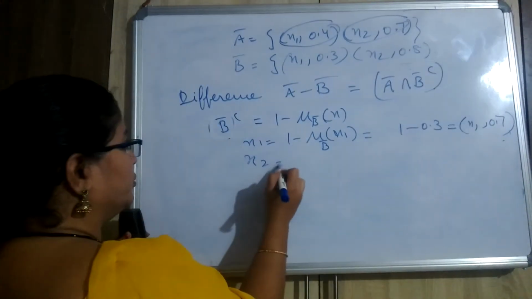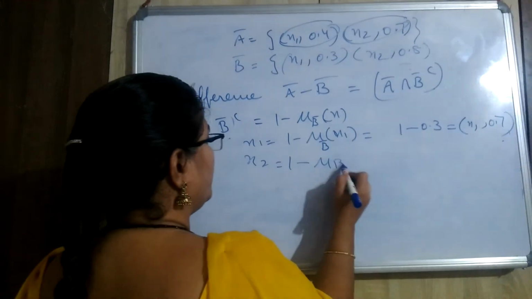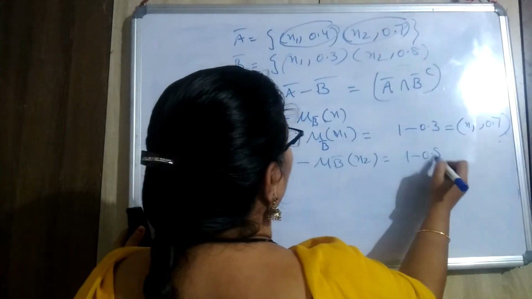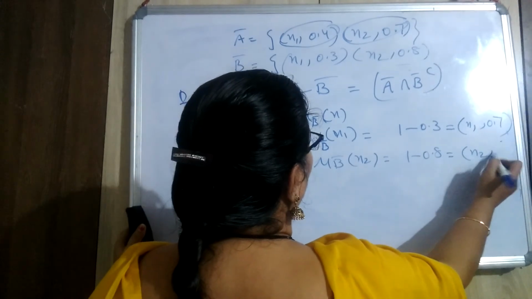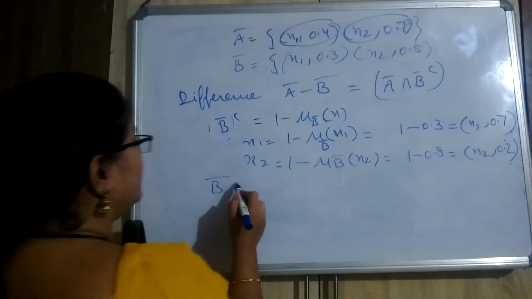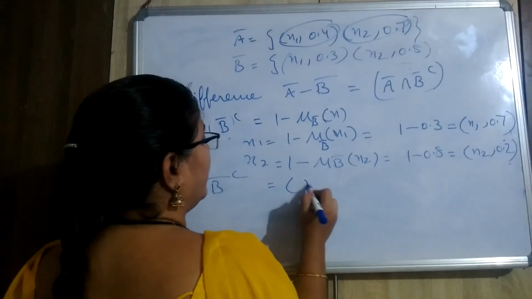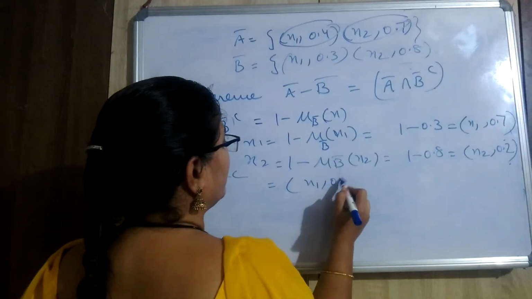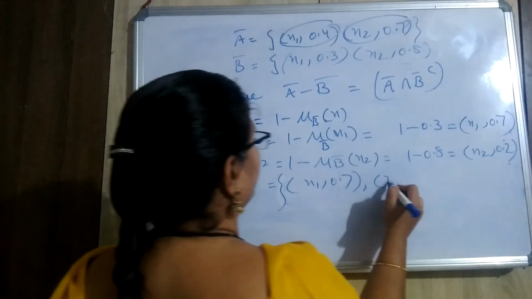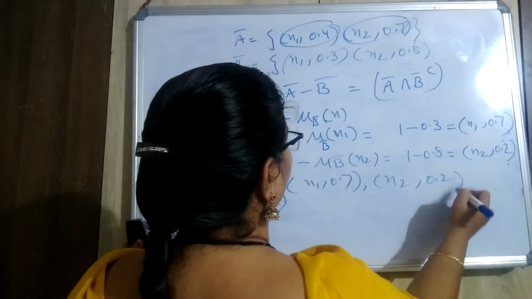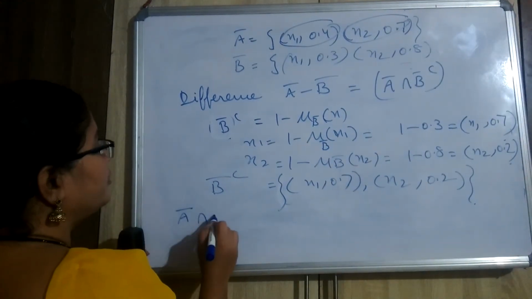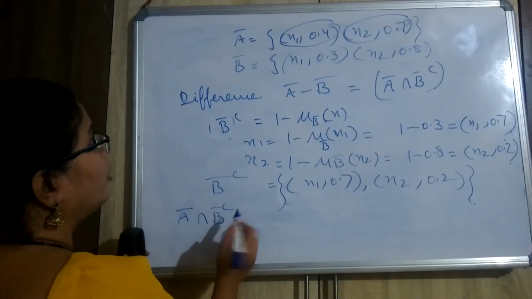At x2, it is 1 minus mu B bar of x2, that is 1 minus 0.8, which is x2 comma 0.2. So the B complement is x1 comma 0.7 and x2 comma 0.2.